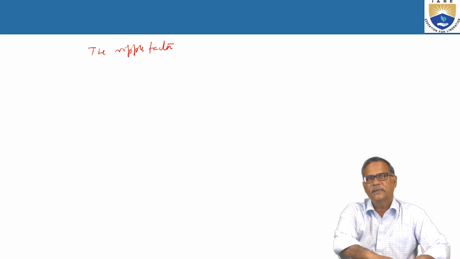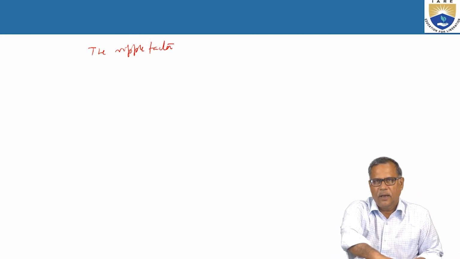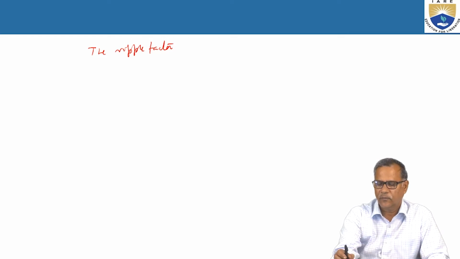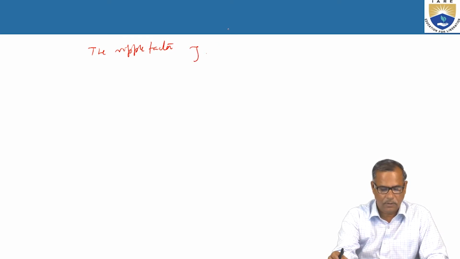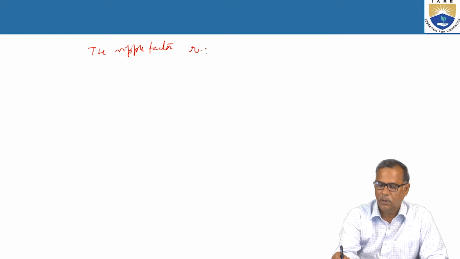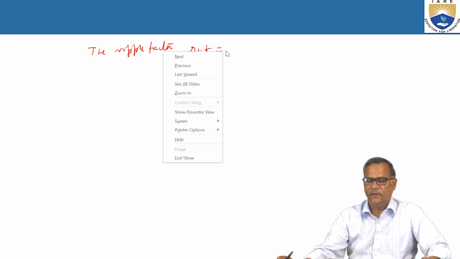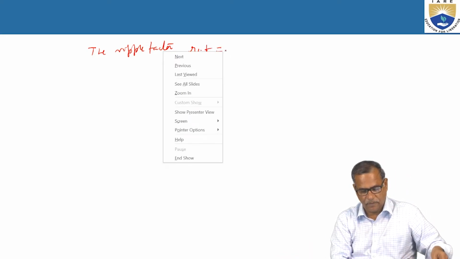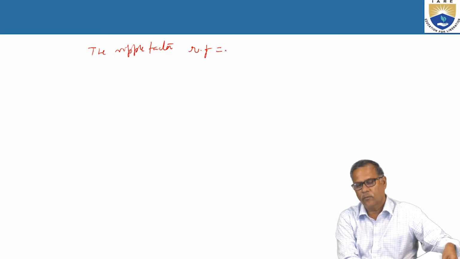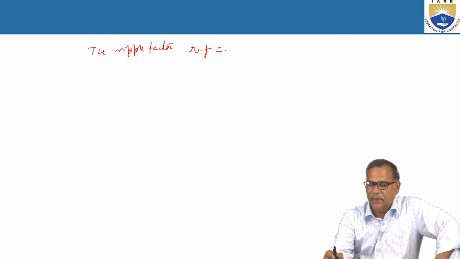The ripple factor is defined as gamma, RF, which is equal to IAC by IDC.